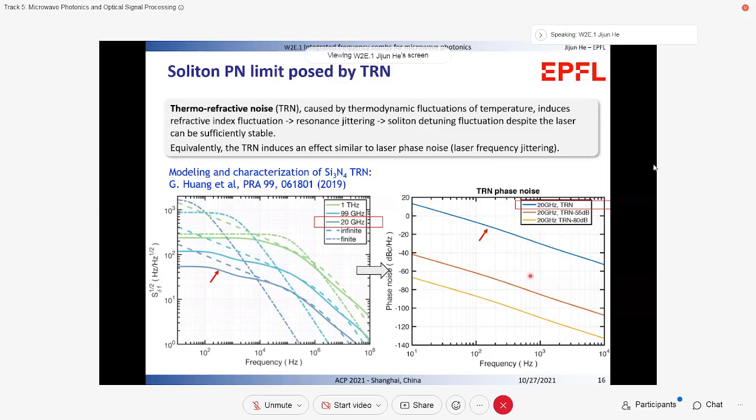On the other hand, the TRN can also directly influence the soliton repetition rate due to thermally induced FSR fluctuations. This effect can be calculated by multiplying the FSR and the mode number, which is around minus 80 dB from the original value, to yield this resonance TRN. It is shown as a yellow curve, and this is the fundamental TRN limit.